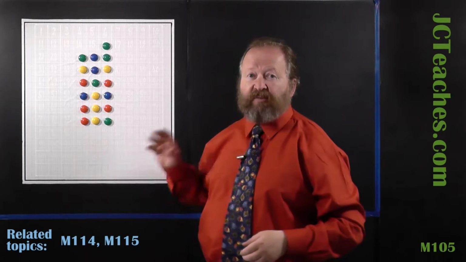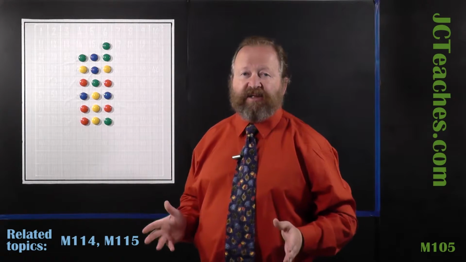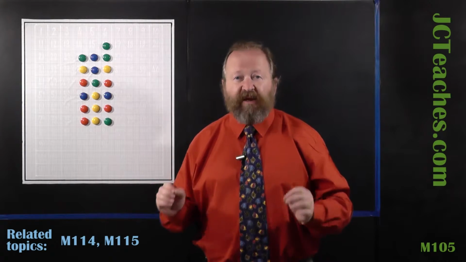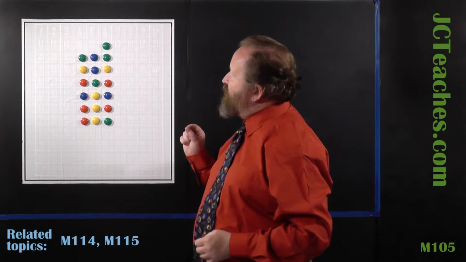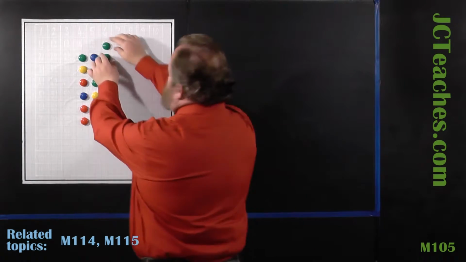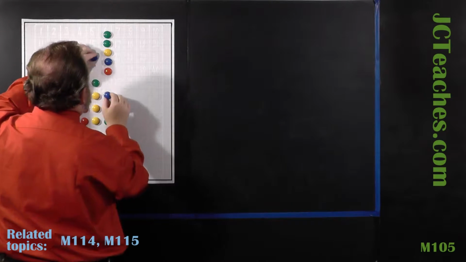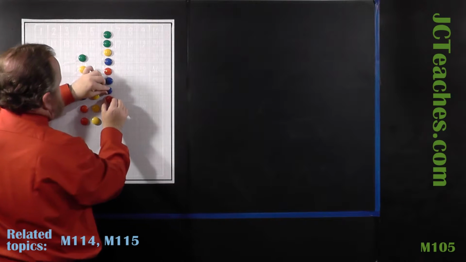Well, I'm telling you now, no matter how long I spend trying to rearrange these, I will not be able to make a rectangle out of this number. Because 19 is what we call a prime number. It doesn't divide by anything. Nothing fits into it exactly. So the only way I can make a rectangle out of 19 is by having all of them lined up in a row, one underneath the other.